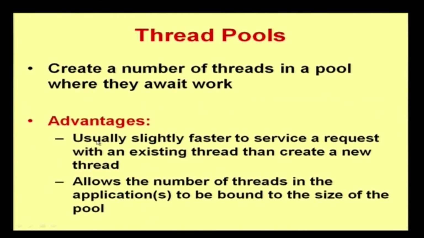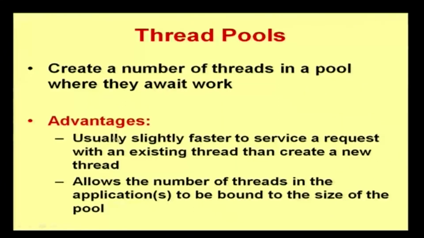What is the advantage of having a thread pool? The advantage is you will have faster access, because apart from the data you require, you have other data as well. So you can retrieve the data you want at an earlier pace. Let us list out the advantages.